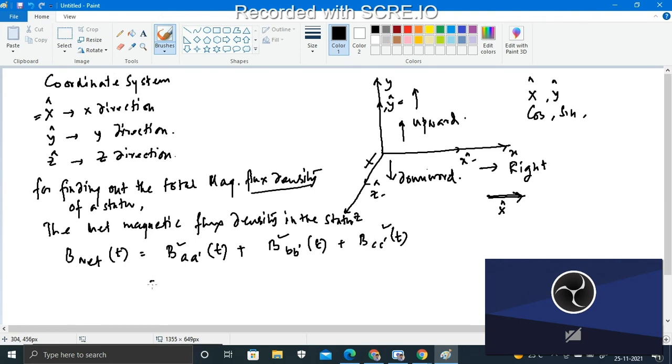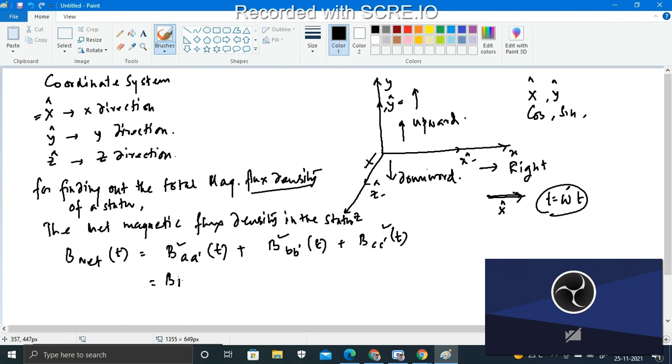What will be my B a dash t? BM at an angle 0 degree. When we are considering omega t, omega is my angular velocity. So what will be my B a dash t?